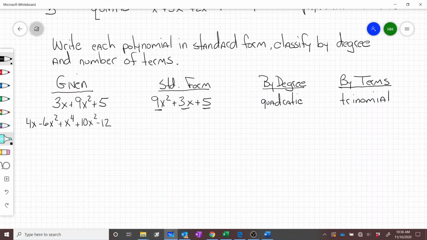In standard form, we're going to go back to descending order of the exponents. So this x to the fourth goes first. Now there's nothing x to the third, but there is a negative 6x squared and a positive 10x squared. So you would combine those two terms. That becomes positive 4x squared. And then you've just got a positive 4x, and you got a negative 12.